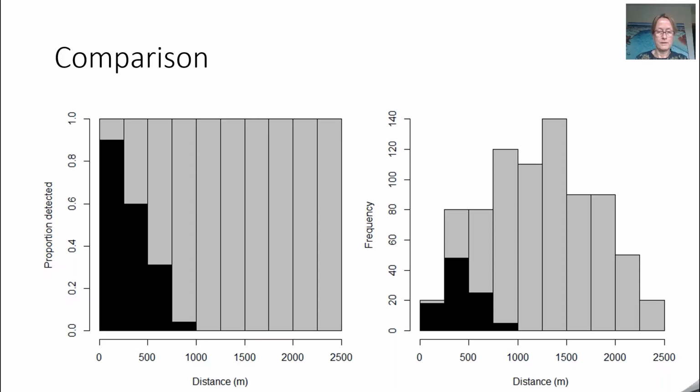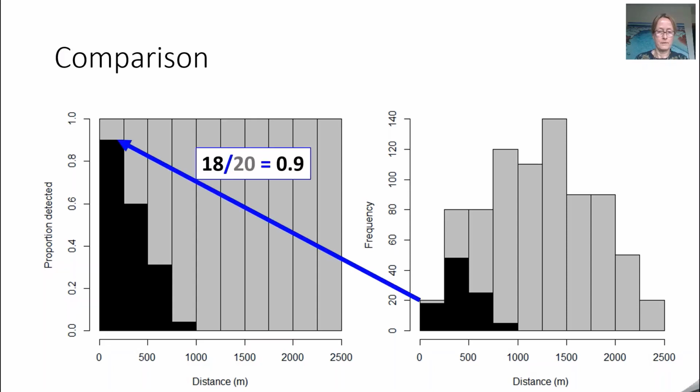The black bar, on the other hand, represents what we actually did observe. So the black bar on the left gives you the proportion we did detect of all the calls that we could have detected. For example, in the first bin, we could have detected 20 calls, but we only detected 18. And so the proportion we draw in black on the left side is 0.9.